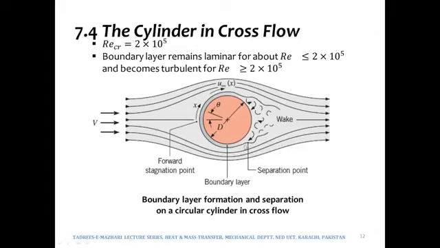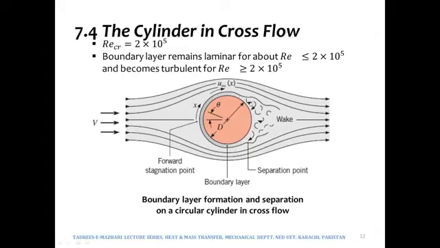So this separation process will take place when the fluid flows over the cylinder, over any cylindrical object, because the streamlines would not be able to follow the curvature on the other half.